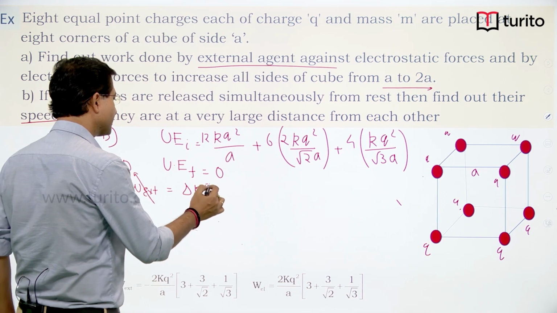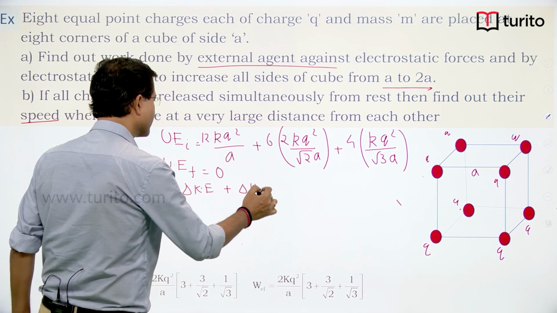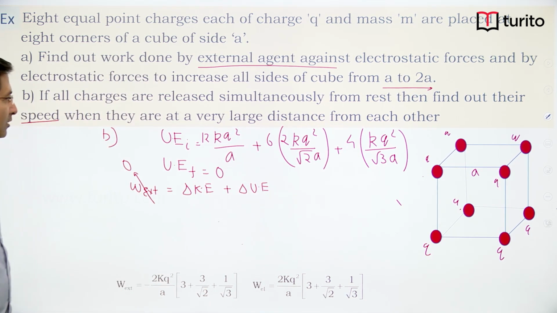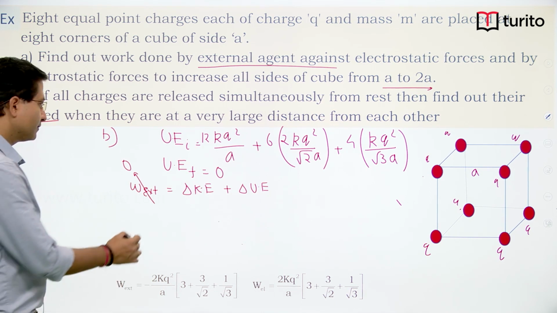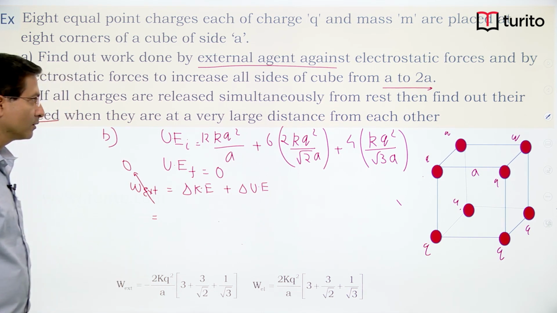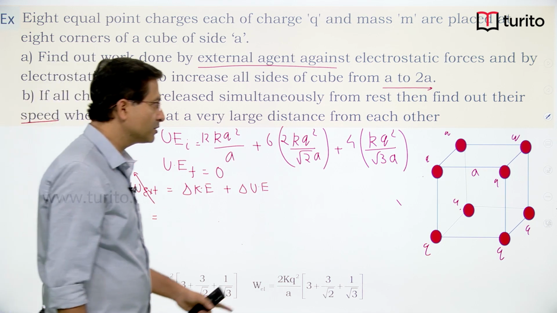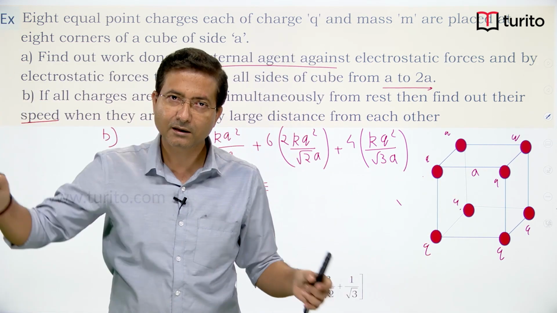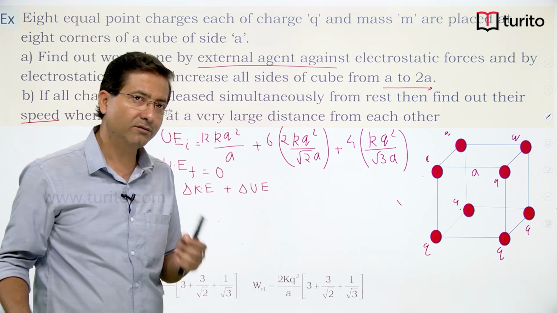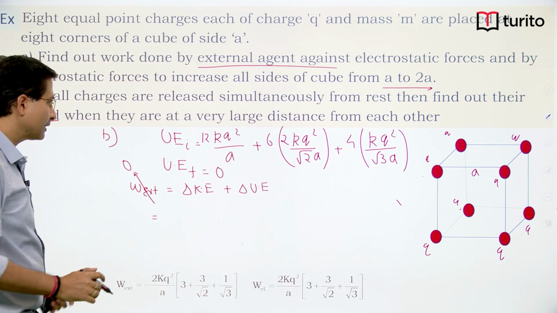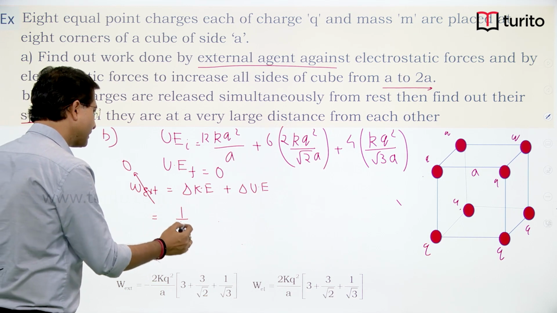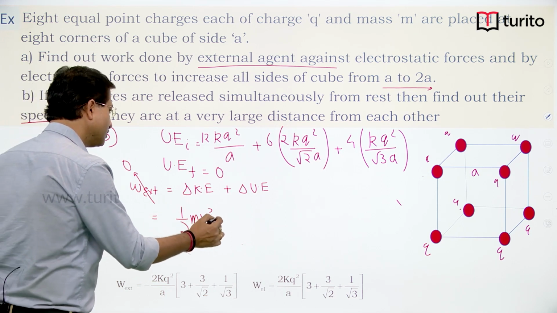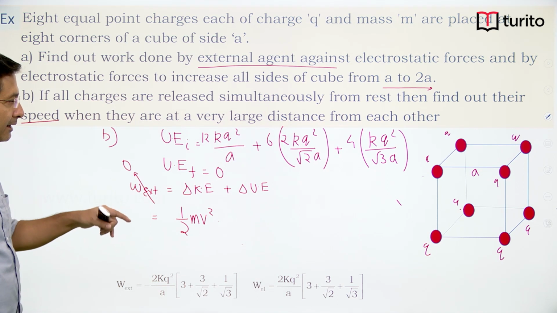change in kinetic energy plus change in potential energy, right. So, if mass of each particle is m and assume that when they are at infinite separation, they all have velocity v. So, each particle will have kinetic energy half m v square and there are 8 such particles.